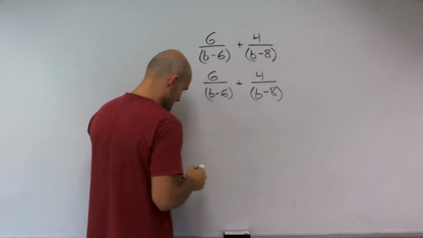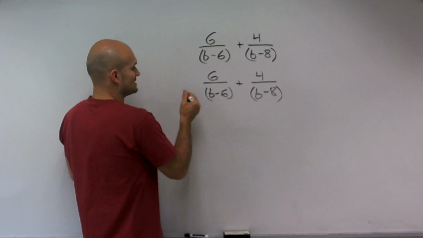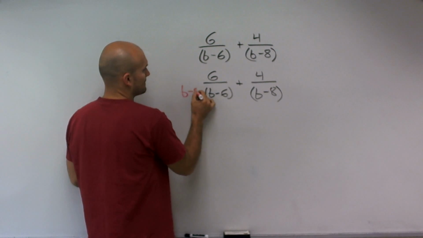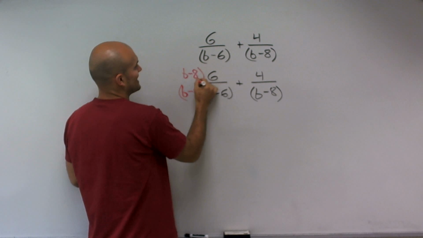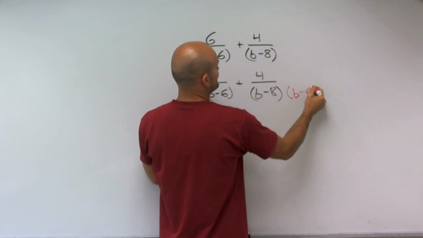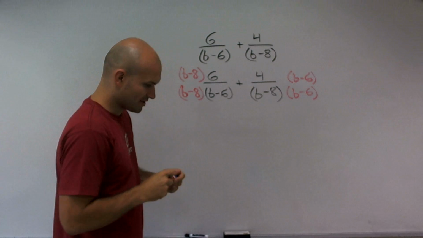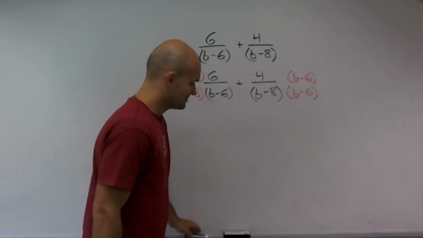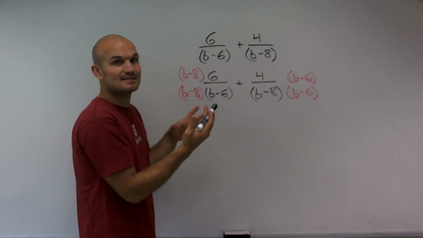To get common denominators, I'm going to multiply this by b minus 8 over b minus 8. And here I'm going to multiply this by b minus 6 over b minus 6. Now I can simplify this and see what we come up with.